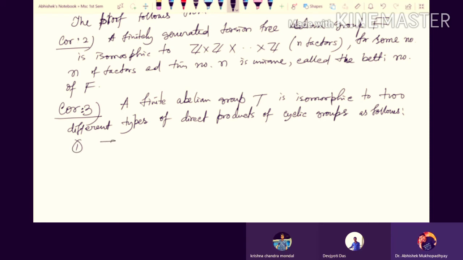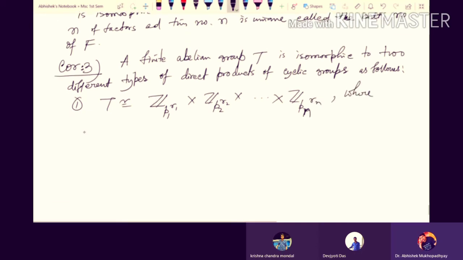That is, T is isomorphic to Z_{p1^r1} × Z_{p2^r2} × ... × Z_{pn^rn}, where the pi's are primes, but not necessarily distinct.